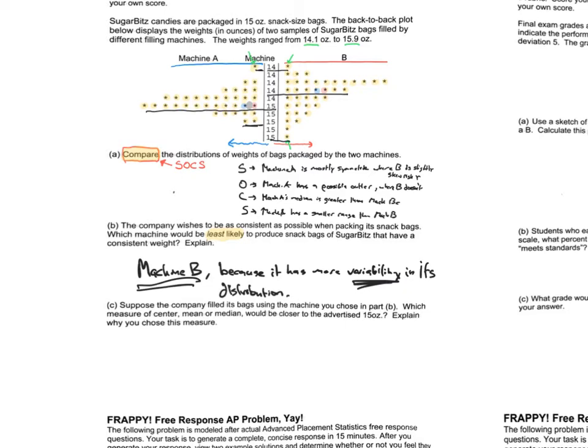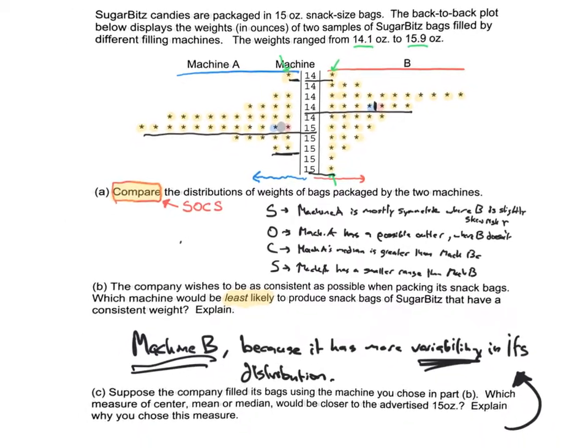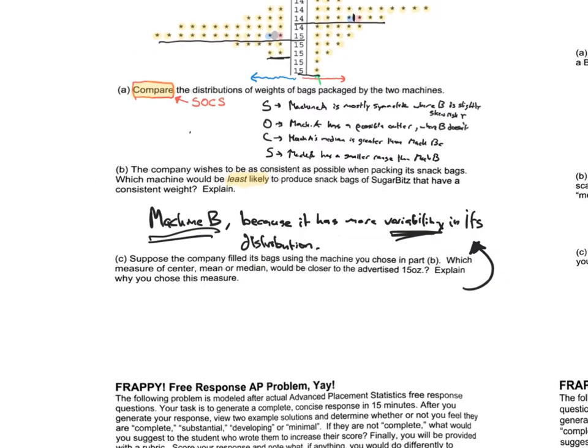So I'm going to say this: since I'm going to use machine B, which is not as consistent, we already know that the median is going to be between these two values, which is going to be 14 point something, probably 14.7-ish, right? Which isn't going to be close to the advertised 15 ounces. So I would use the mean.